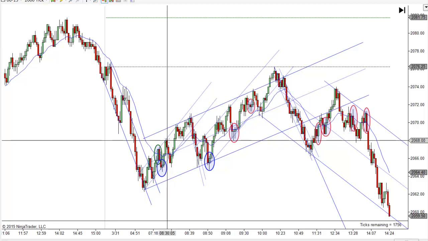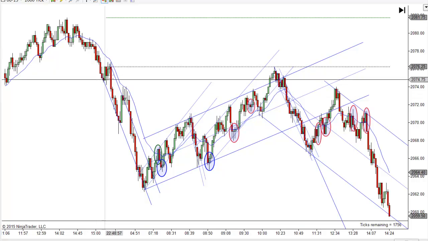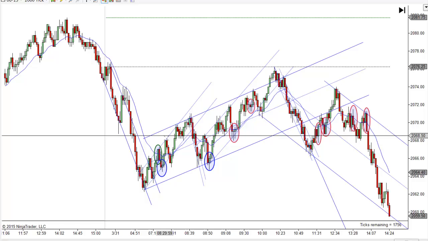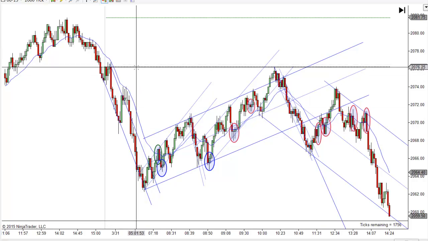The market closed up here and opened down here, so there's a gap from 2068 to 2076 and a quarter.